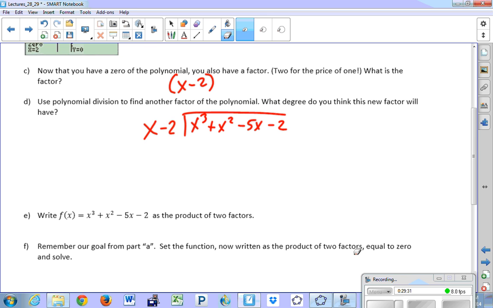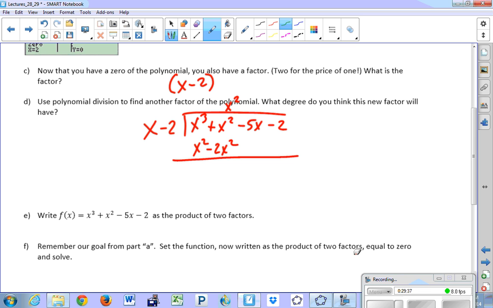So x goes into x cubed x squared times, I multiply. I subtract both of these, so I change both signs. Now I have 3x squared minus 5x. x goes into 3x squared 3x times. 3x times x minus 2 gives me 3x squared minus 6x.